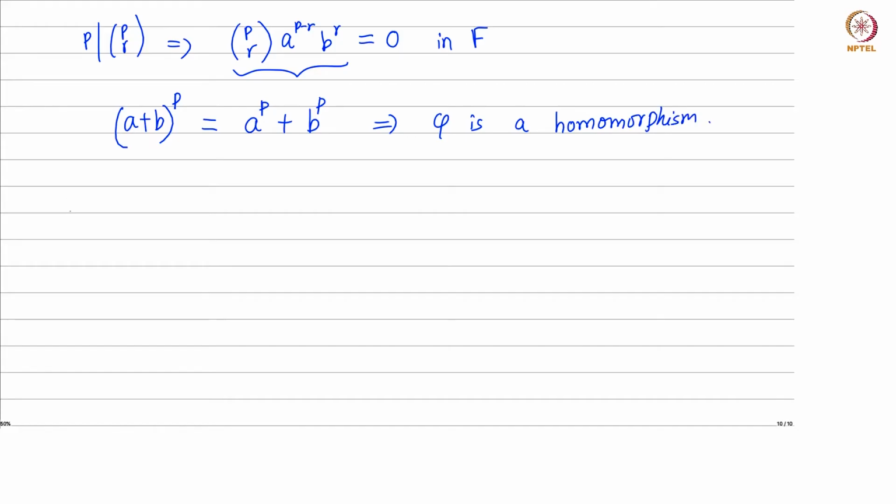Okay, and this has a name. Definition, or notation, nomenclature: phi is called the Frobenius map. So we call this the Frobenius map of F. Okay, for each field of characteristic P, you have this map, A going to A power P. And observe that because it's a homomorphism between two fields, what you certainly know is that phi is injective, right?